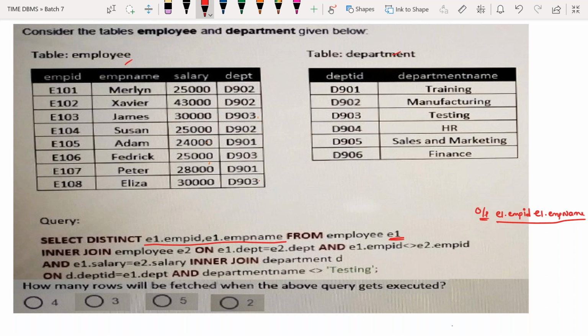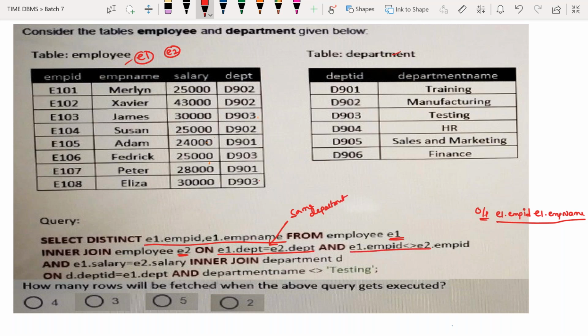From employee E1 inner join employee E2, which means this employee table is joining with itself, E1 and E2. What are the conditions? E1.department equal to E2.department, which means both employees should have the same department.